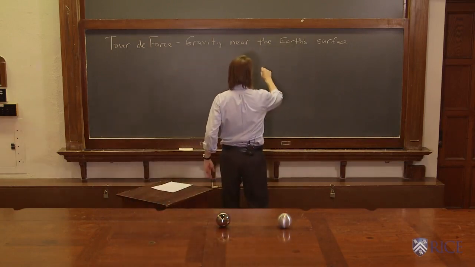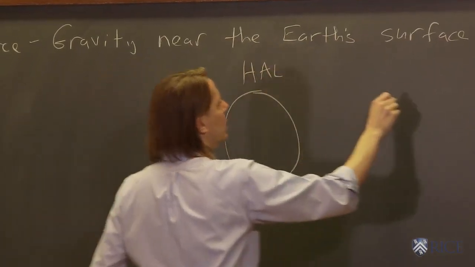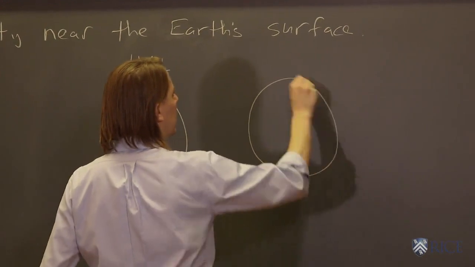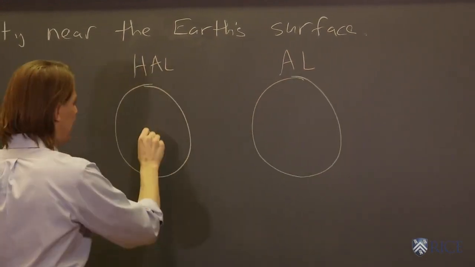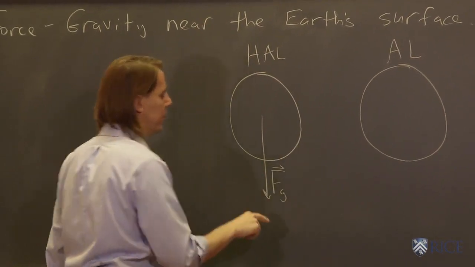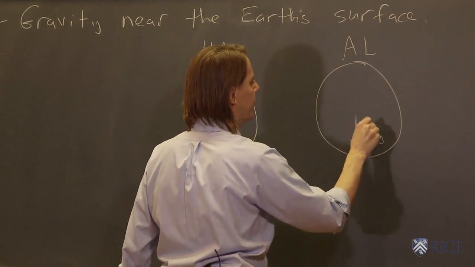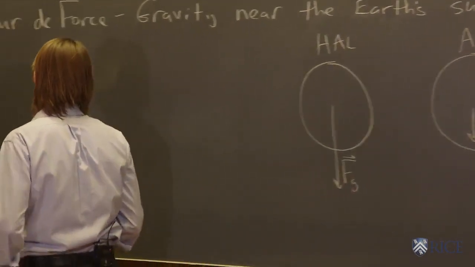So let's look at how to get that force. Here's HAL, and here is AL, and I'm telling you that they feel a force Fg. I'll call it the force due to gravity, and there's AL's force, a little foreshadowing in the length of that vector.